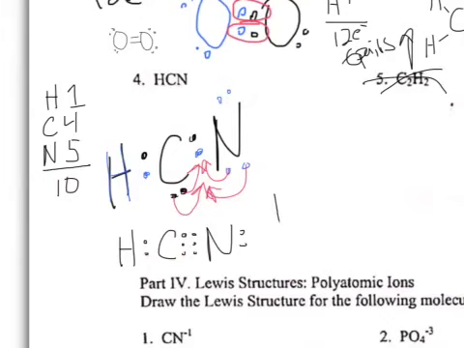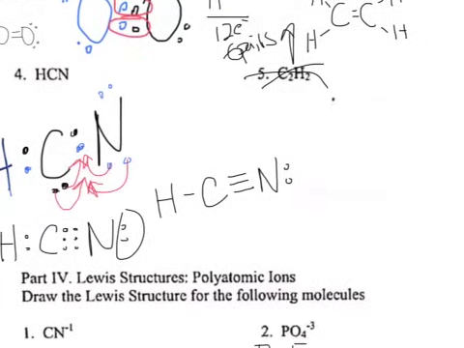The structure then looks like single bond between hydrogen and carbon, triple bond between carbon and nitrogen, and 1 lone pair on the nitrogen sitting off to the side. All right, last one.